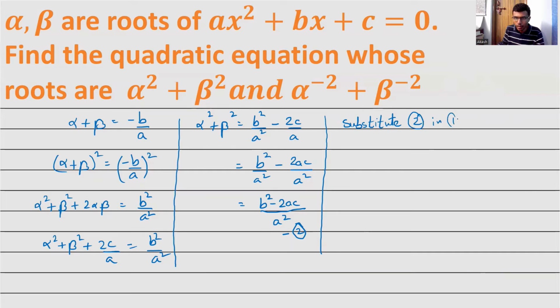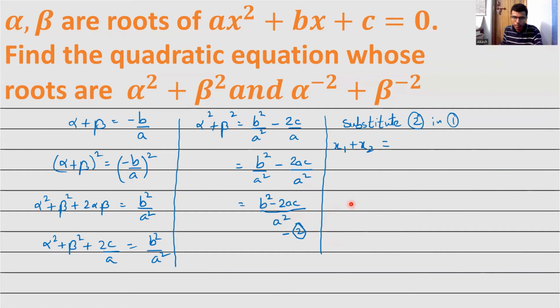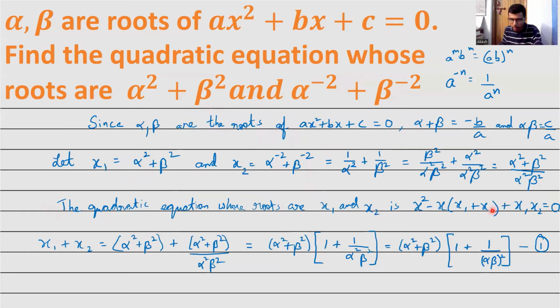Substitute 2 in 1. So what was our 1? x1 plus x2 is equal to, see, this was my 1, alpha square plus beta square into 1 plus 1 by alpha beta, this whole square. Okay, so alpha square plus beta square I got as b square minus 2ac by a square, into, and then 1 plus 1 by alpha beta, where alpha beta is nothing but c by a.